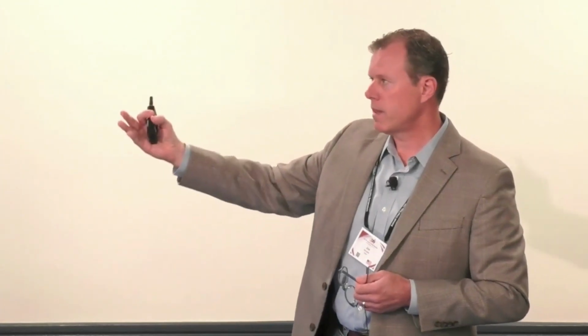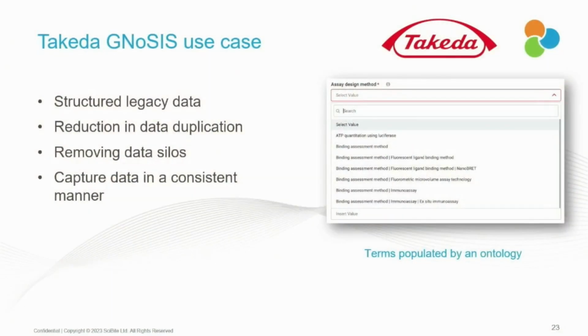What I'll talk about in the next 2 slides are 2 use cases. This is one of the more common use cases. I can speak to this because Takeda and I have presented publicly together on this multiple times, but this is a standard registration use case that we've done with Takeda. They, like many of our customers, came to us with multiple different siloed data sets from multiple legacy registration systems, none of which were harmonized, none of which could be searched easily.